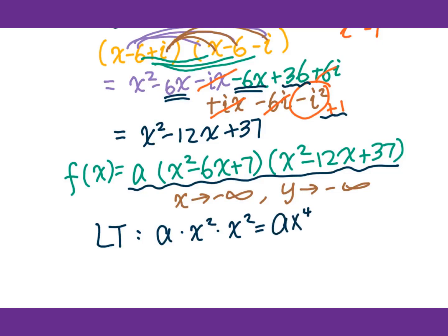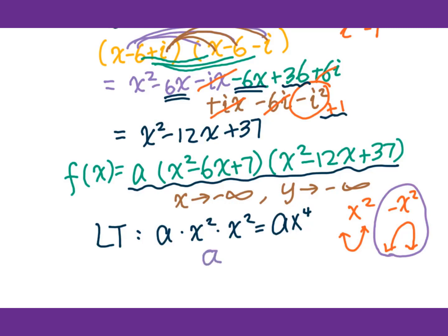Any polynomial with the leading term ax to the 4th power has the same end behavior as x squared or negative x squared. Either go this way or go this way. Since when x approaches negative infinity, y goes to negative infinity, it will be this pattern.